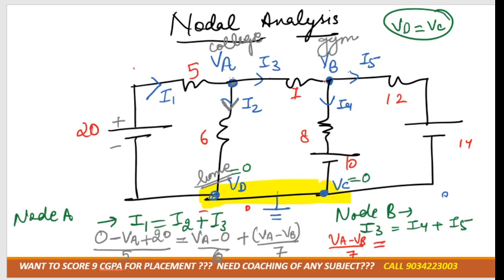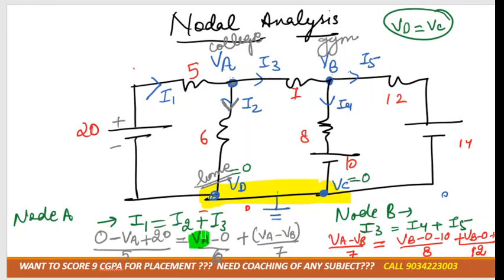And I4 is moving from gym to home, so it would be VB minus 0, and then the second sign of the battery, minus 10, divided by 8, plus I5, which is moving from VB to 0, so it would be VB minus 0, again the second sign of the battery, minus 14, divided by the resistance. Okay, clear?